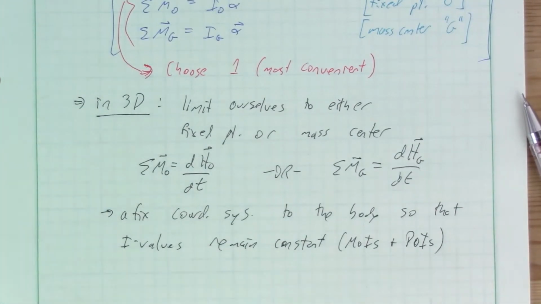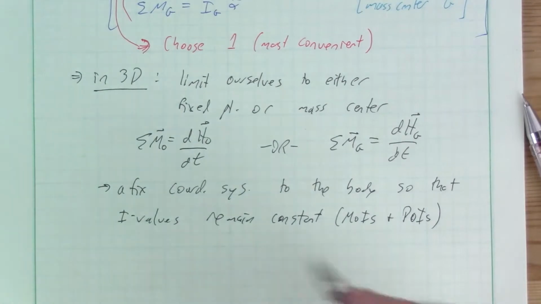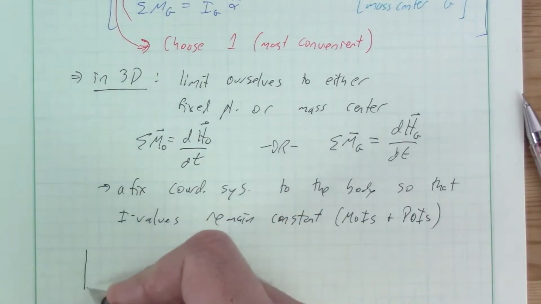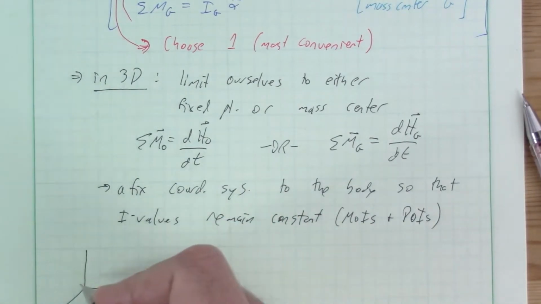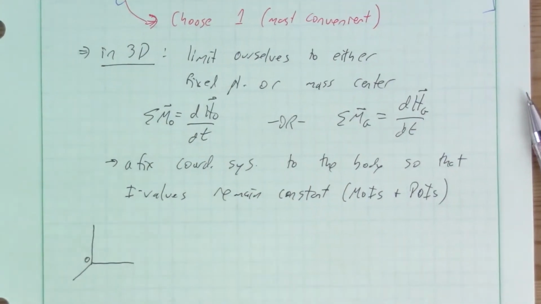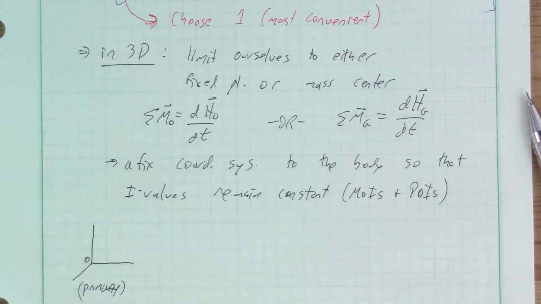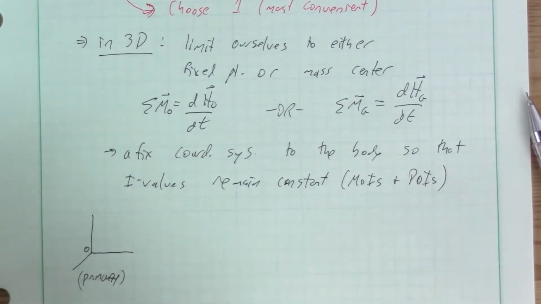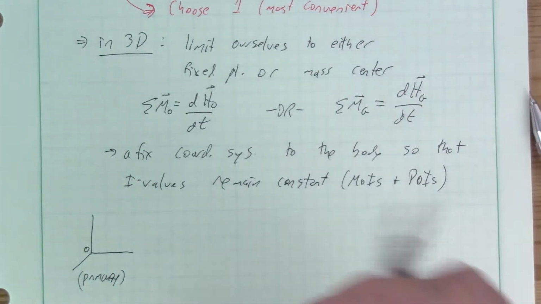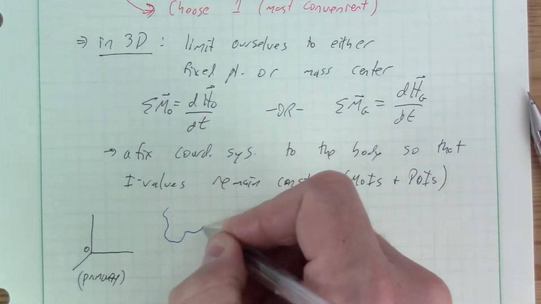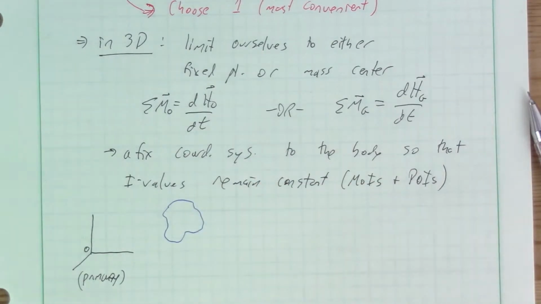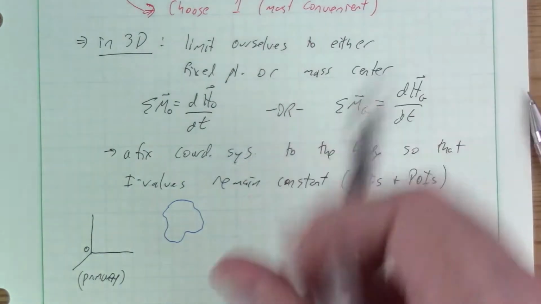So the general picture here is that there's going to be a primary reference frame that you think is a good choice, maybe, that intuition tells you, hey, this is a good choice for doing analysis in. And in the end it's not. This would usually be the ground, the earth, the laboratory, whatever we're in. Okay, and then we have our body out here moving in space, and it could be rotating.